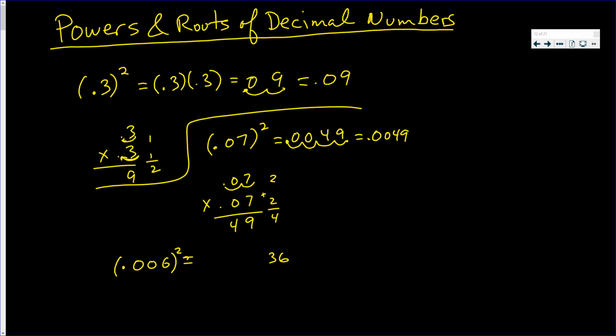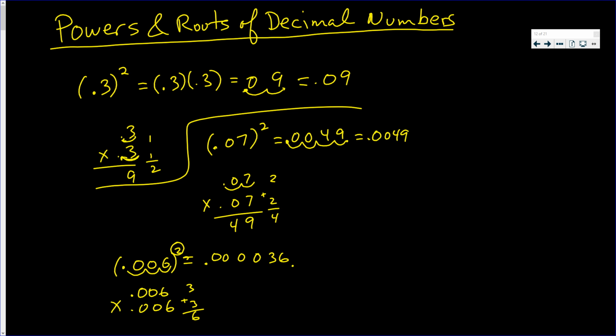Well, since the decimal is in 3 places, and I'm multiplying that number by itself, it's going to be 3 places, and then another 3 places. If I multiply them, it's going to be 3 places and 3 places, a total of 6 places. So the decimal goes there.